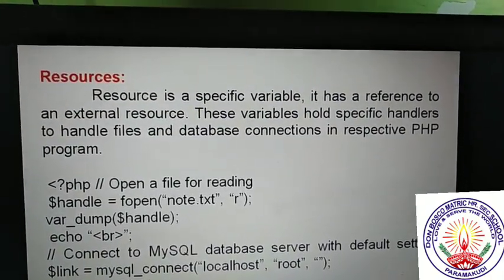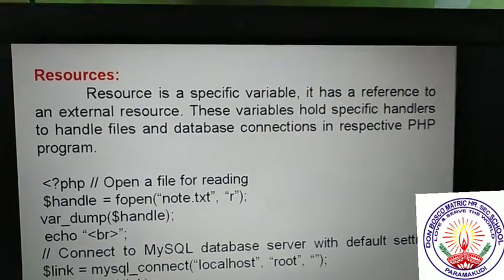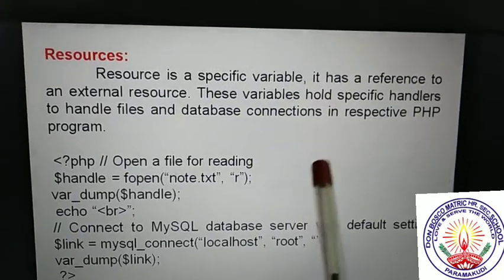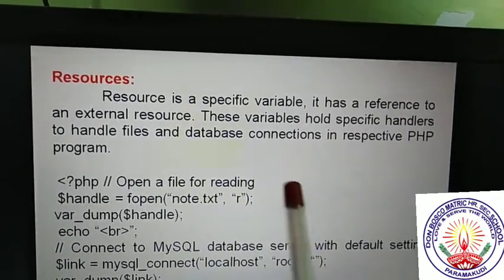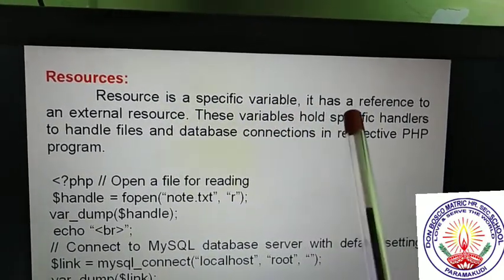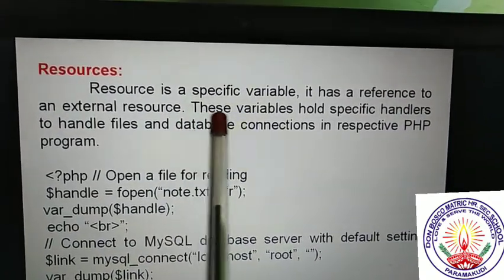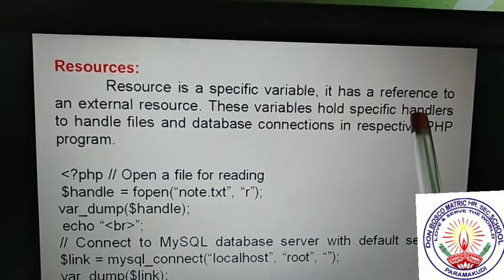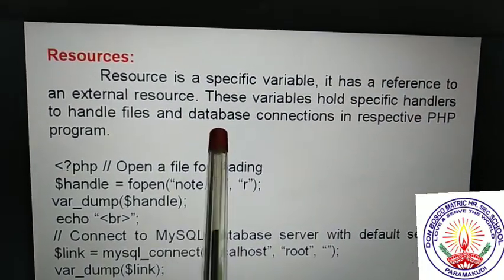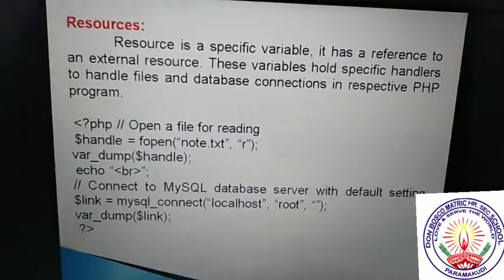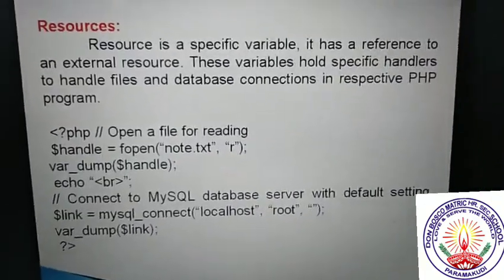After that, you have to know the resource concept briefly. Just note these notes for resource. So resource is a specific variable. It has a reference to an external resource. So these kinds of variables hold specific handlers to handle files and database connections in a PHP program. Okay.